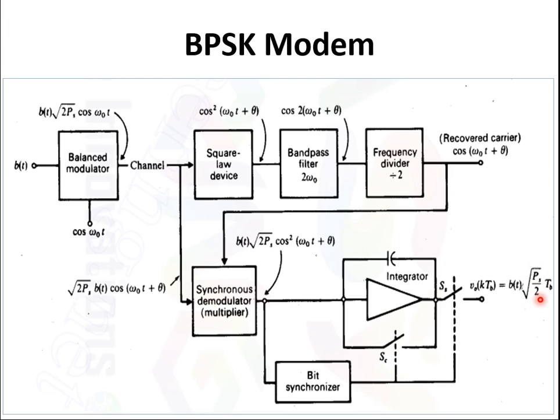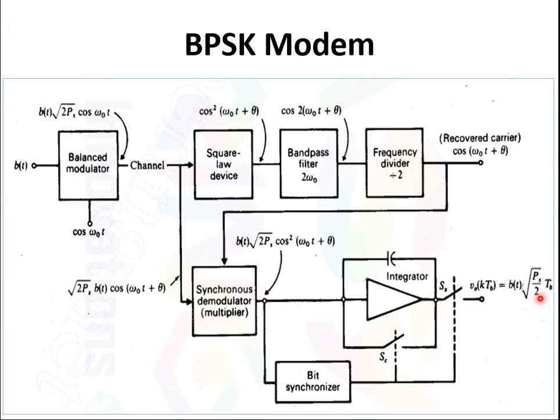Now the question arises, why is the square root of 2 coming in the denominator? It's very simple. 1 by 2 plus 1 by 2 times cos 2 omega naught t, right? That 1 by 2 times cos 2 omega naught t goes out. Only 1 by 2 is left. That 1 by 2 multiplied by this is supplied to an integrator. We will get Tb times 1 by 2 times the input.